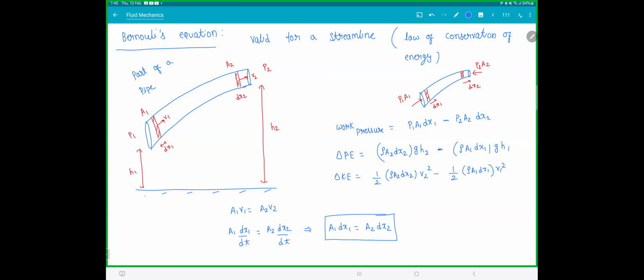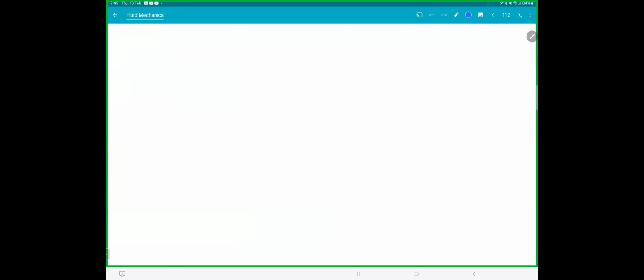Any doubts on this page, please ask me. So now using work energy theorem, work done by external force is change in potential energy plus change in kinetic energy. This guy will be P1 A1 dx1, P2 A2 dx2.